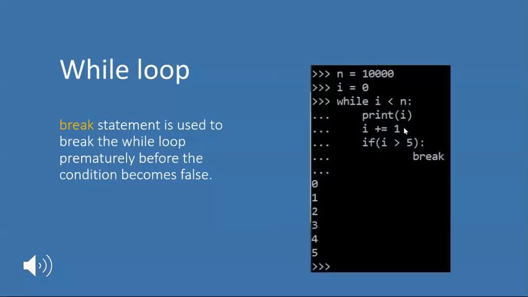In this example, when i is 6, larger than 5, the loop is broken. So we see that if there is no break, the loop will repeat 10,000 times, but we break it out when i is larger than 5, so only the first 6 numbers are printed.